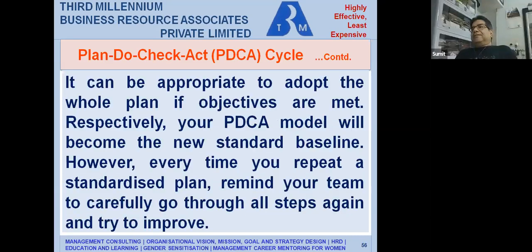So it can be appropriate to adopt the whole plan if objectives are met, obviously. Respectively, your PDCA model will become the new standard baseline. However, every time you repeat a standardized plan, remind your team to carefully go through all steps again and try to improve that also.